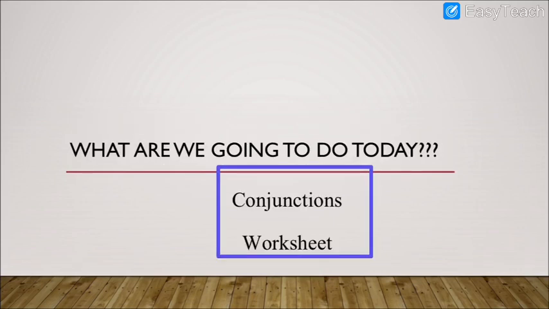So when you get ready, just give the heading in your rough book on the new page, Conjunctions Worksheet. And then you have to write in the brackets revision, because this topic we already have done from our textbook. So just give the heading Conjunctions Worksheet Revision, and yes, do not forget to mention today's date.